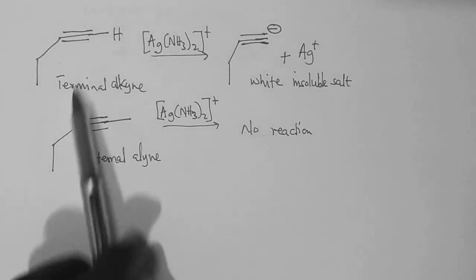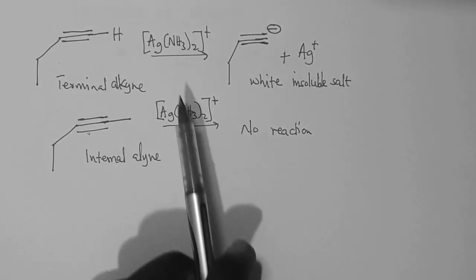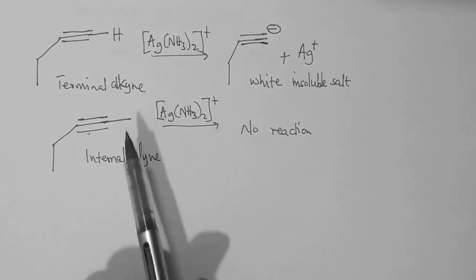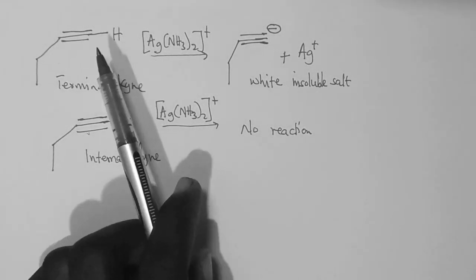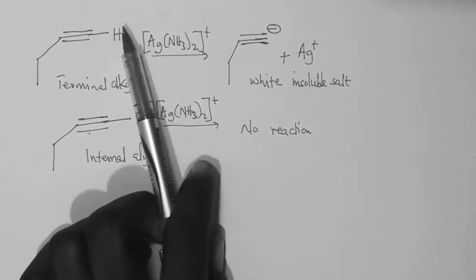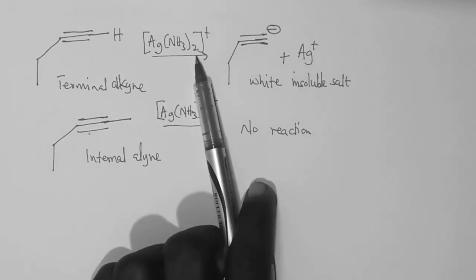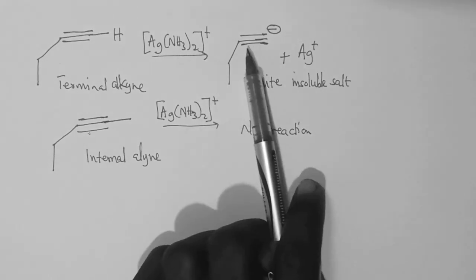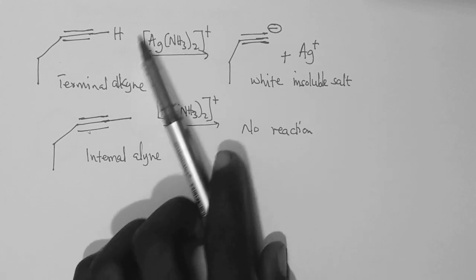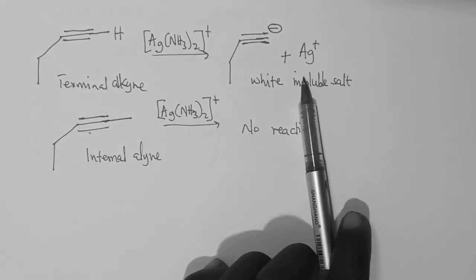To distinguish between these two alkynes, you put in Tollens' reagent, which is the silver ammonium ion. For the terminal alkyne, this proton is highly acidic, and because it is acidic, it can easily lose this proton to the reagent and form this carbanion. When the proton is lost, the reagent picks up that proton whilst releasing silver in solution.